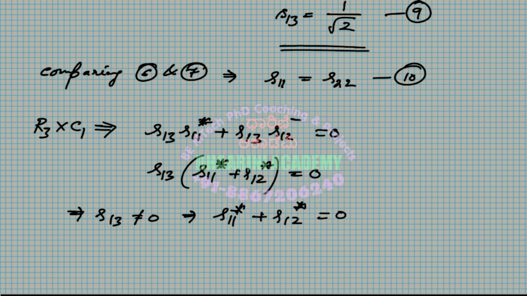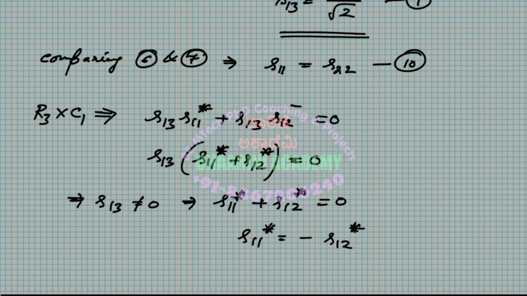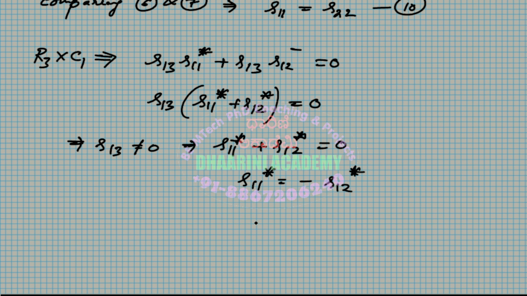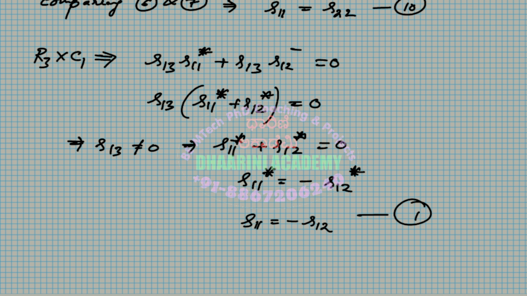So that means S11 star should be equal to minus of S12 star. Since both are conjugates, we can cancel the conjugation. We can simply write S11 is equal to minus S12. Let's call that equation number 11. Is it fine? Now S11 and S12 are same but opposite in sign.